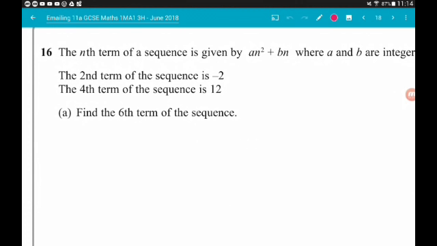So we know when n is 2, so the second term, well, we know that that is equal to -2. But we know that a times 2 squared add 2b is -2. So 2 squared is 4, so we get 4a add 2b is -2.